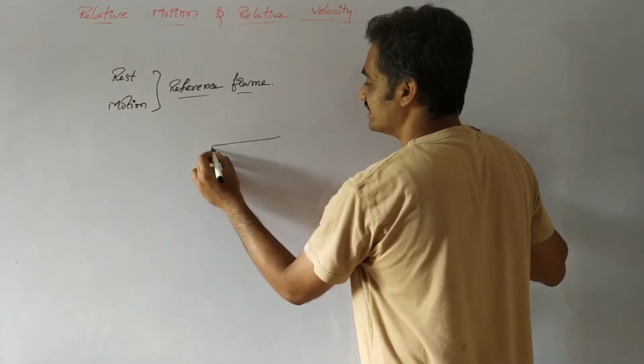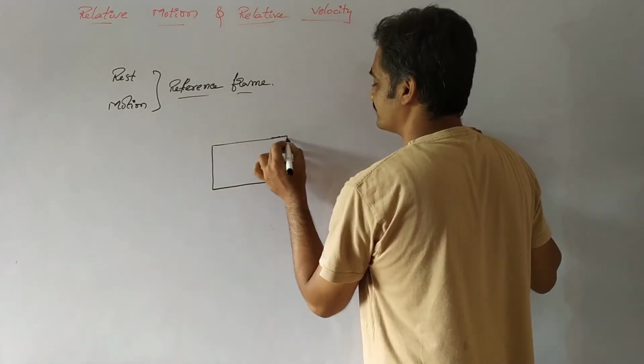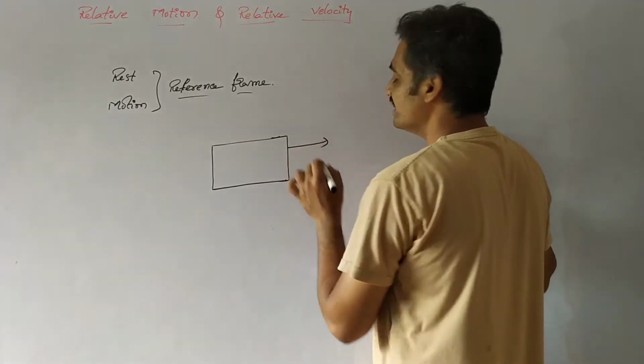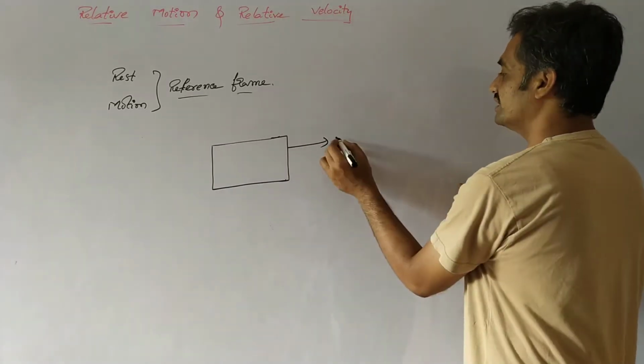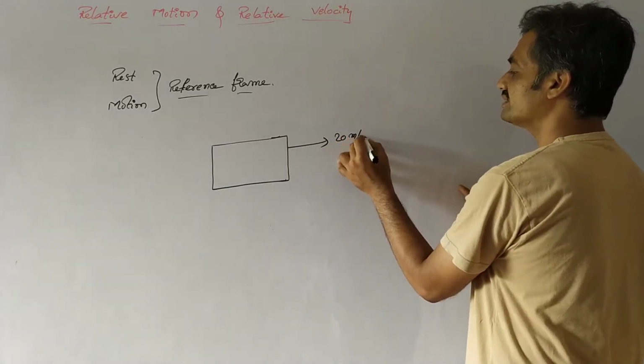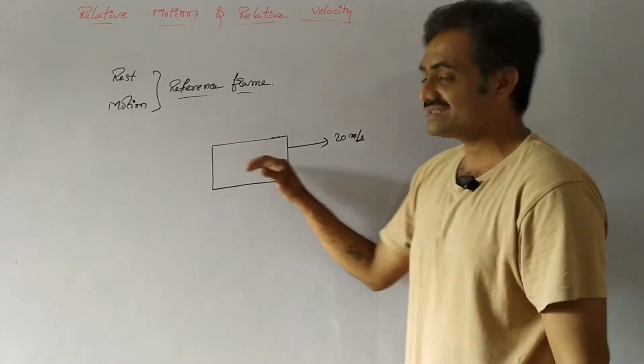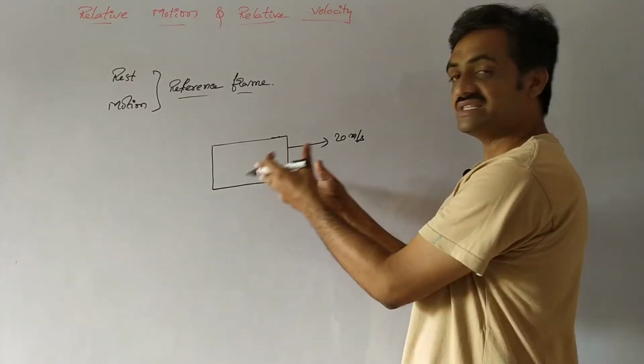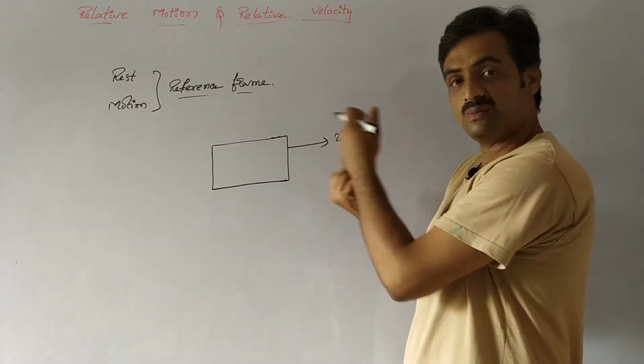Here let us consider a train which is moving in the forward direction with a speed of 20 meter per second. The train is carrying passengers from one place to another.